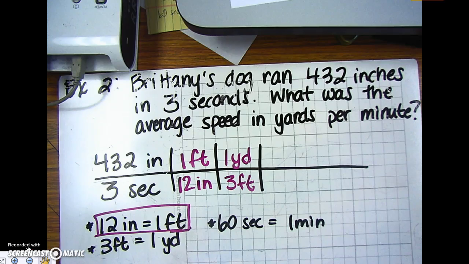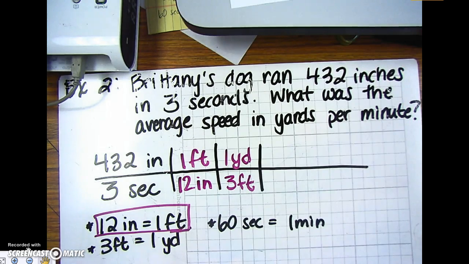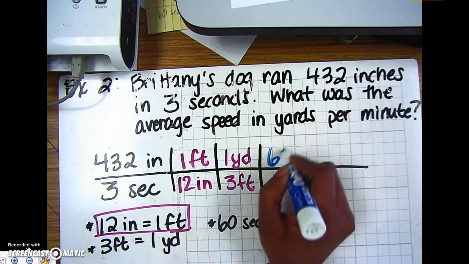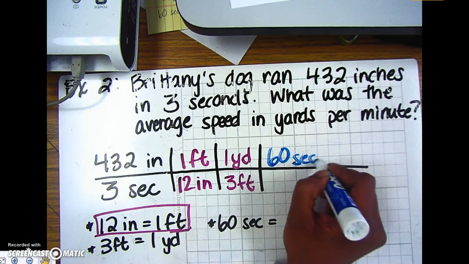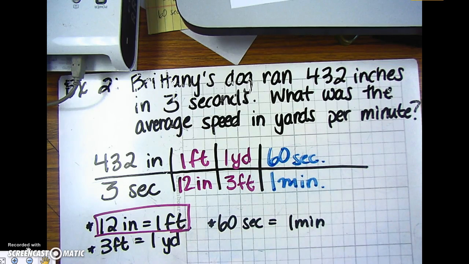So we got the inches and yards down. Now let's work on the seconds and the minutes. Since the seconds are down here, you're going to put them up on the top over here. So 60 seconds, and 1 minute on the bottom.